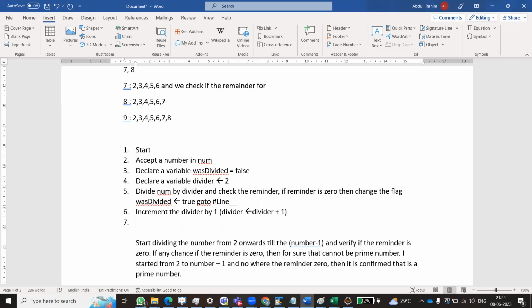If the divider value is lesser than or equal to the number, go to line number 5.